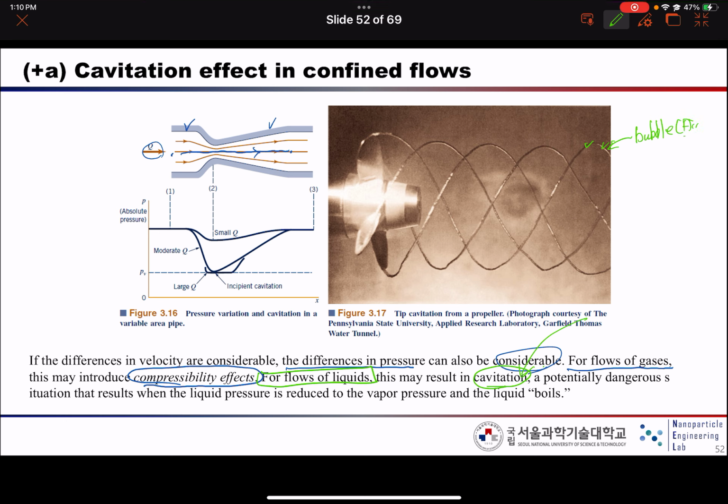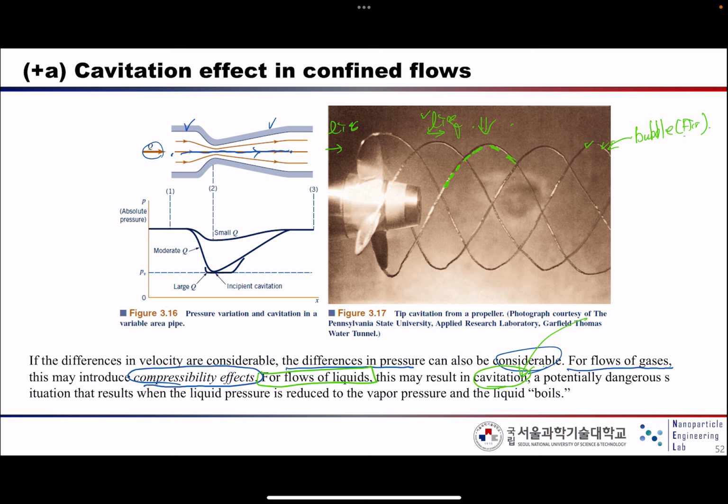Basically this is air, not the liquid. Even though we put liquid, because the pressure is too low, some air dissolved in this liquid will be evaporated like this. So it generates this kind of bubble. This kind of thing we call cavitation, okay?